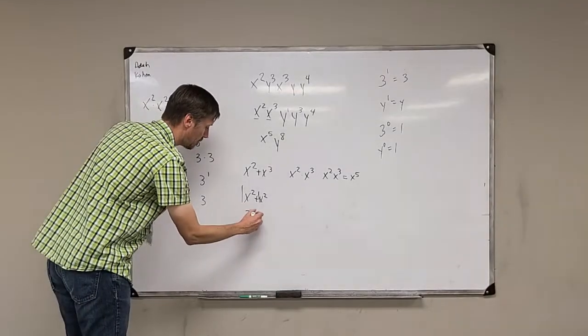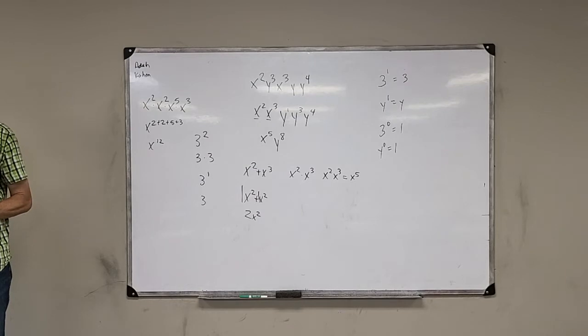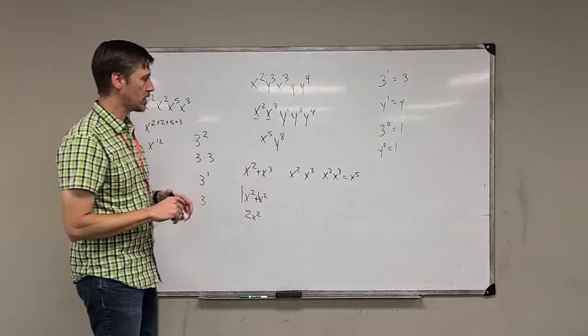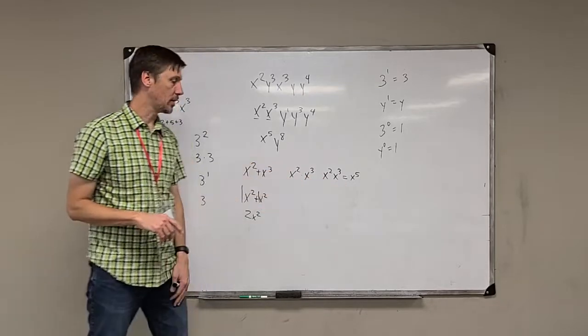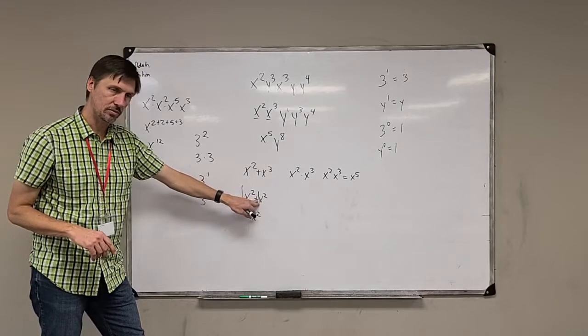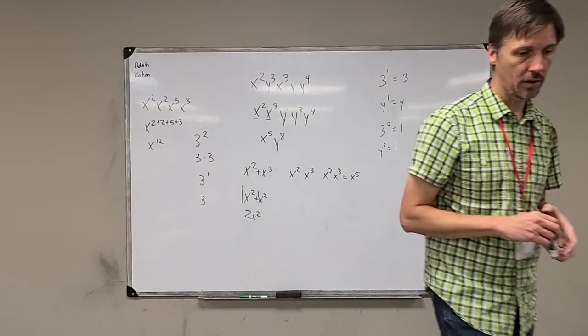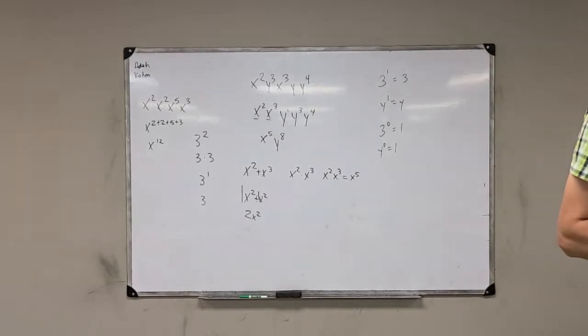So this would simplify to 2x squared. Okay? So our exponent rule that we're talking about only applies when they're multiplied together. But there is a way that you can simplify sometimes when there's exponents and there's addition or subtraction signs between them, and that's if the exponents are the same. You can add and subtract like terms together. Okay?